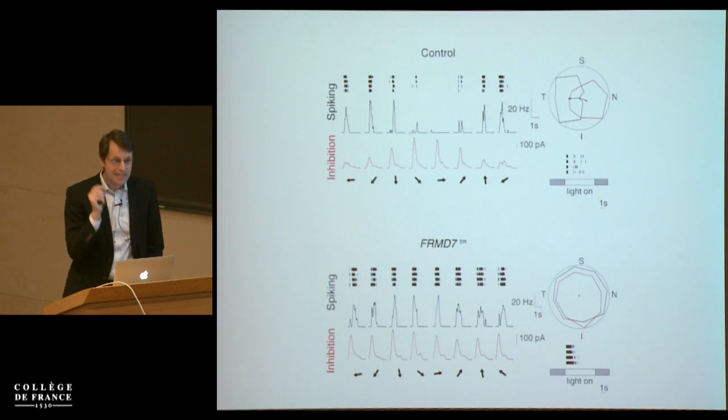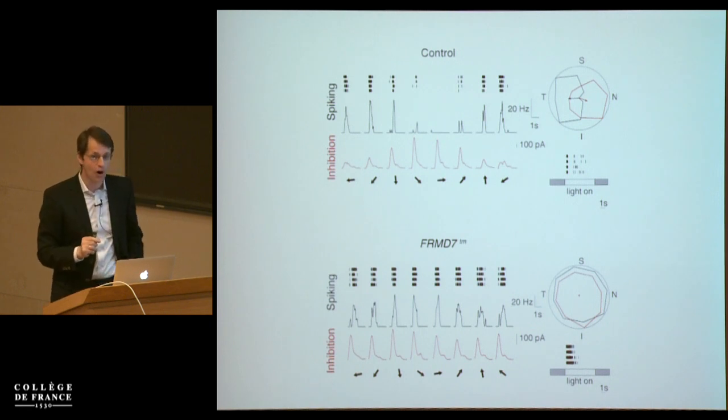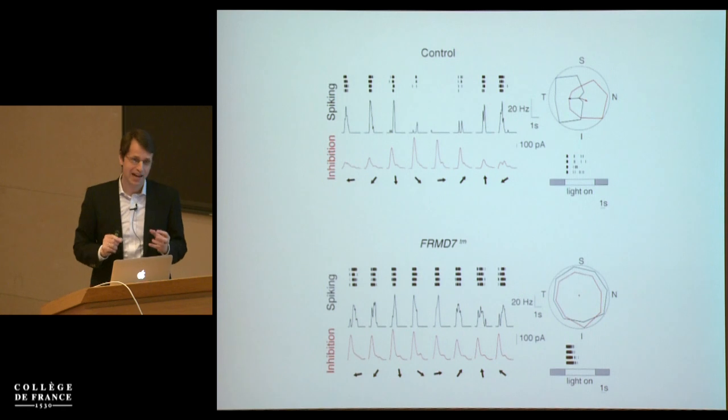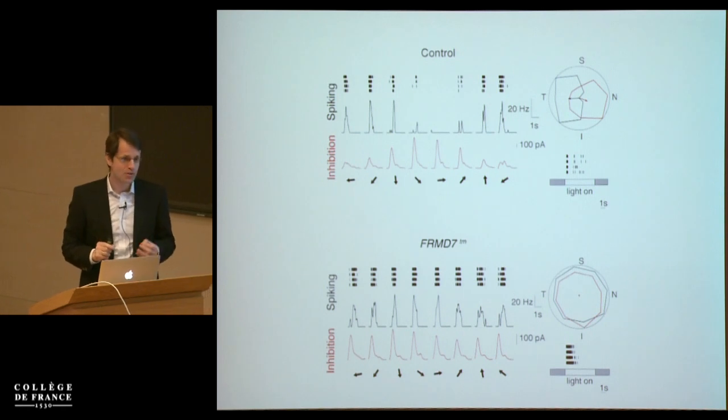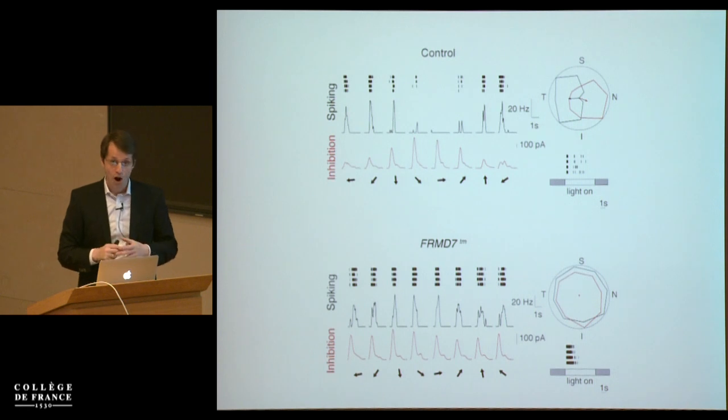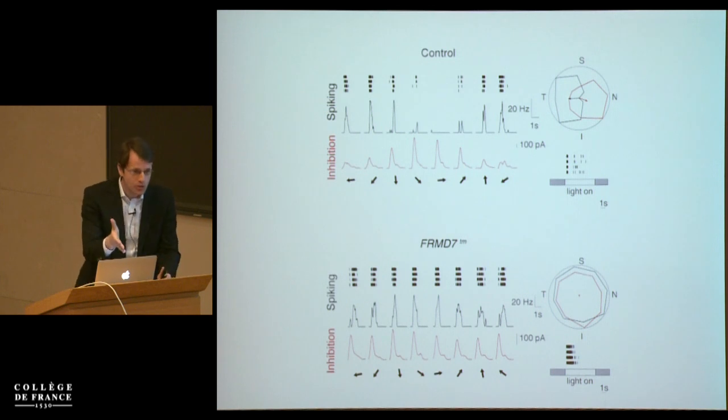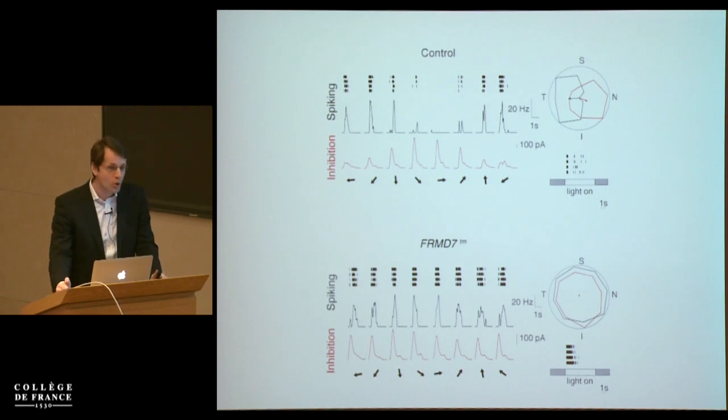OK, so this is why understanding of circuit elements is important, because the only way we can treat a disease is if we understand it. And our brain is full of thousands of different cell types. It is not a computer, where you can throw Coca-Cola on it and hope that something specific will happen.